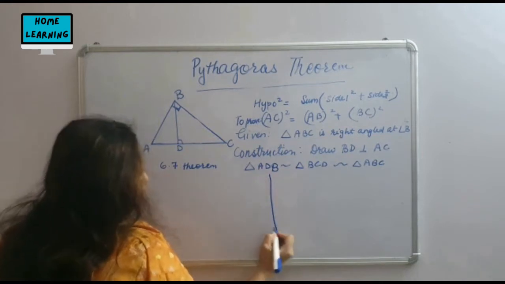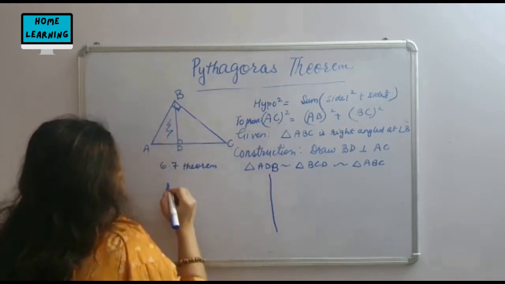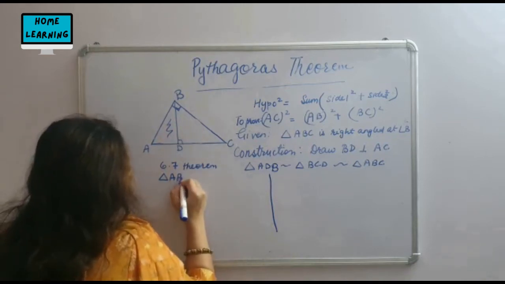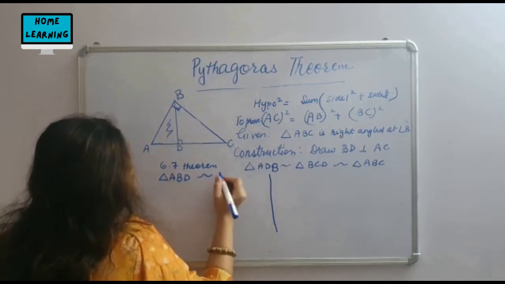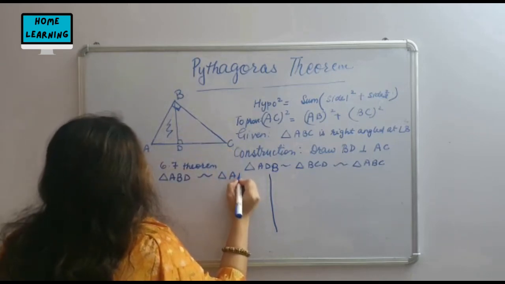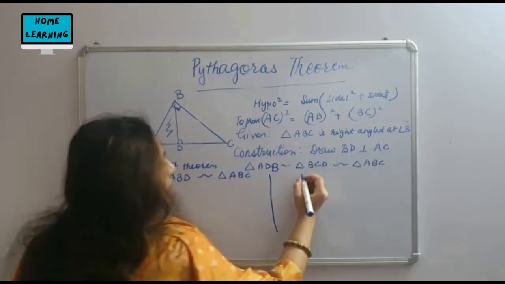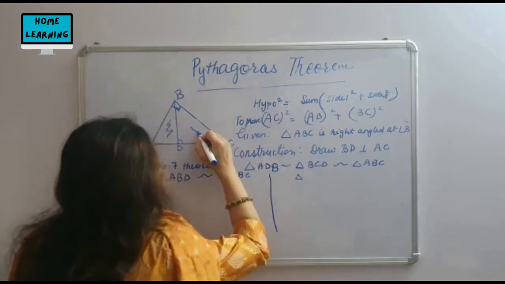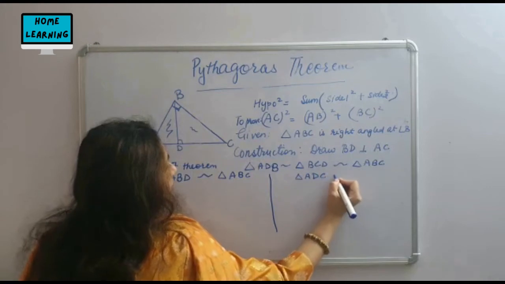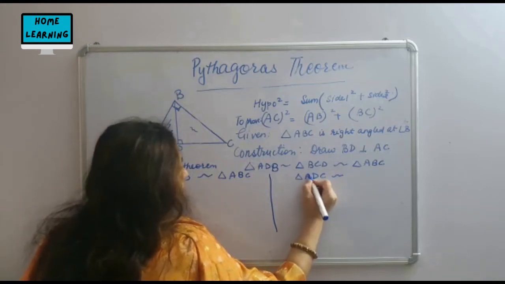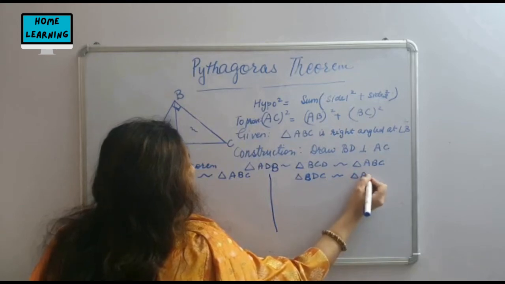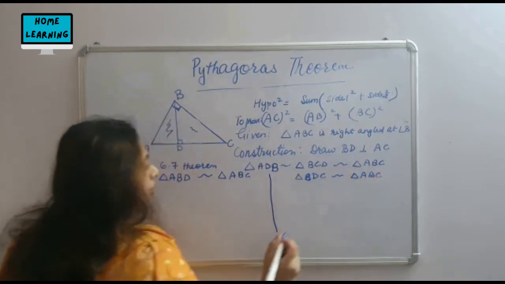Two things here. Triangle ABD is similar to the whole triangle ABC. Here we will take triangle BDC is similar to triangle ABC.